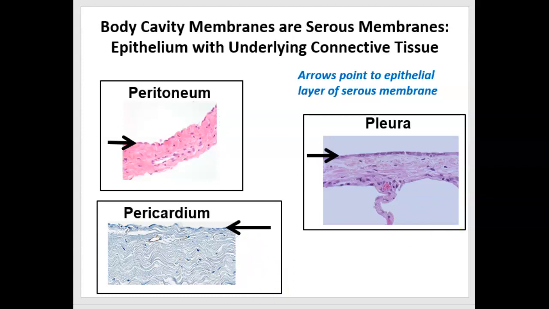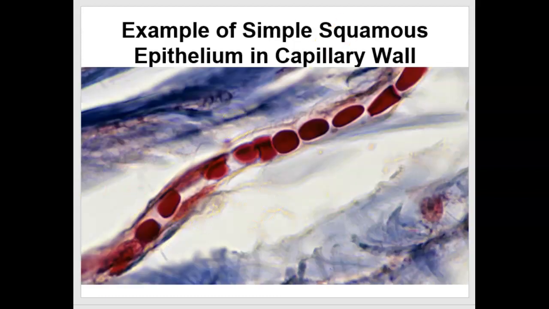Okay, and one other thing I wanted to show you related to epithelial tissue, just because I love this picture, is the wall of a capillary. So all these cells are red blood cells, and they kind of are in a row, right? Notice that there's a kind of a yellow line here. That's the wall of the capillary. So the capillary is really just barely bigger than the diameter of a red blood cell.